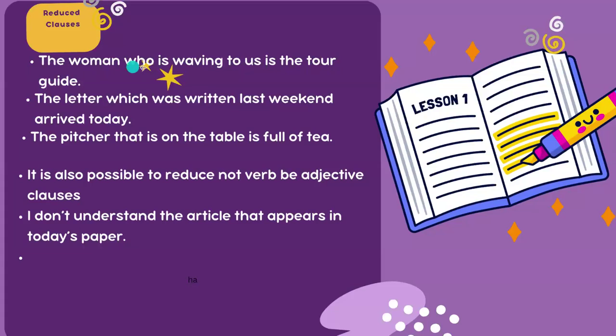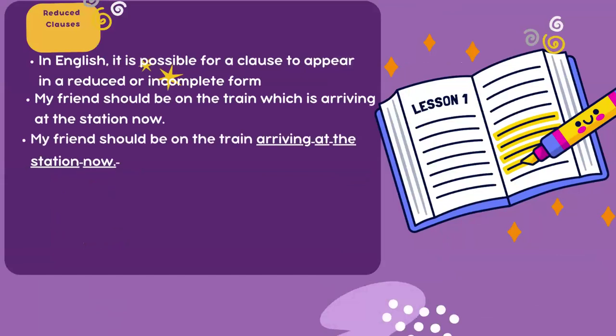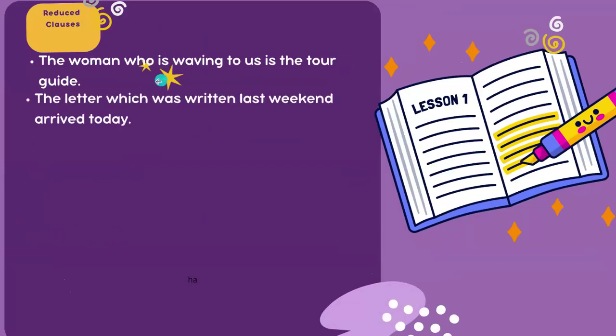All of these clauses, sentences, can be reduced by eliminating this form of verb be. The woman waving to us. The letter written last weekend. Or the pitcher on the table.